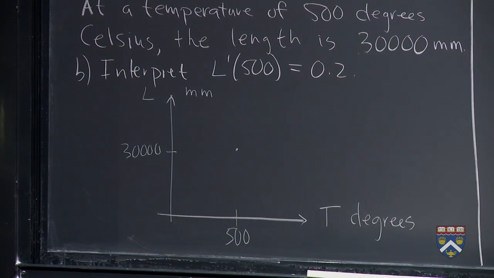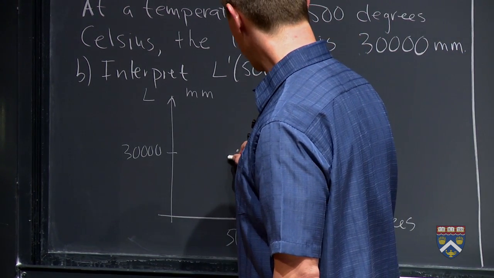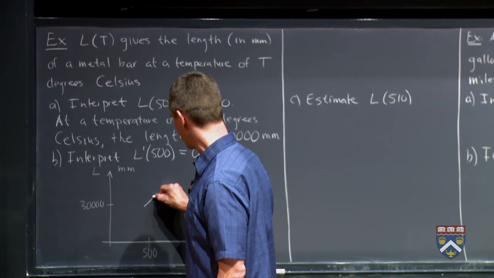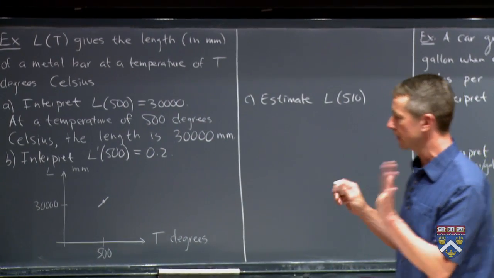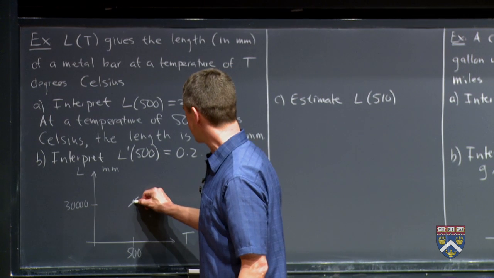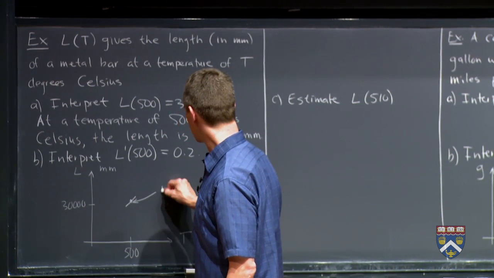That's telling us the slope. So all I'm going to do is draw one little tangent line there because I don't know anything else. I don't know if the curve is concave up or concave down or linear, but I know that the slope here is 0.2.